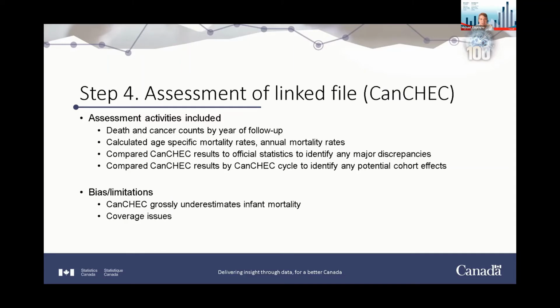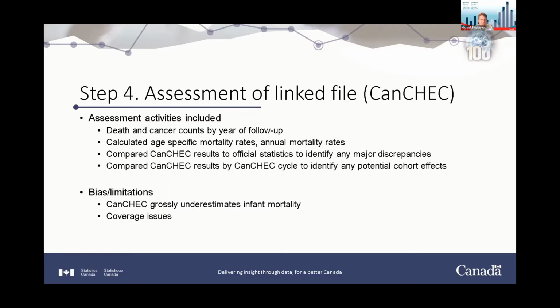We also wanted to have a better understanding of any cohort effect or CanCheck cycles. So, for people who wanted to examine trends over time, it's important to know whether each CanCheck has the same type of bias to help with trend analysis. In terms of some of the things that we did find, there were some important biases around infant mortality: the CanCheck data sets, the way they're designed, really cannot be used to calculate infant mortality.